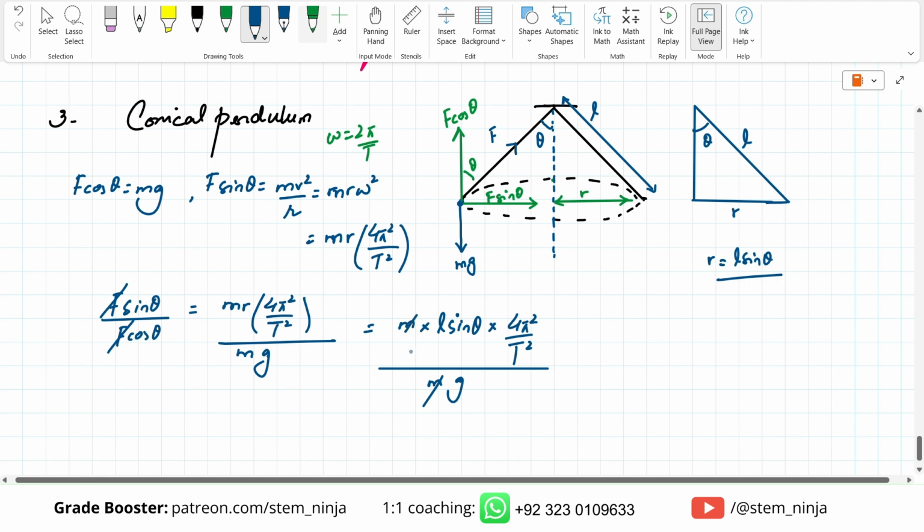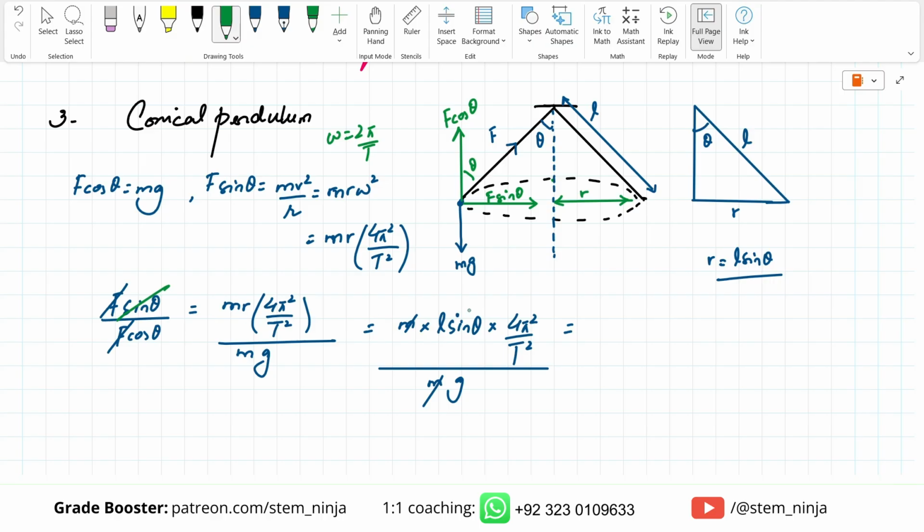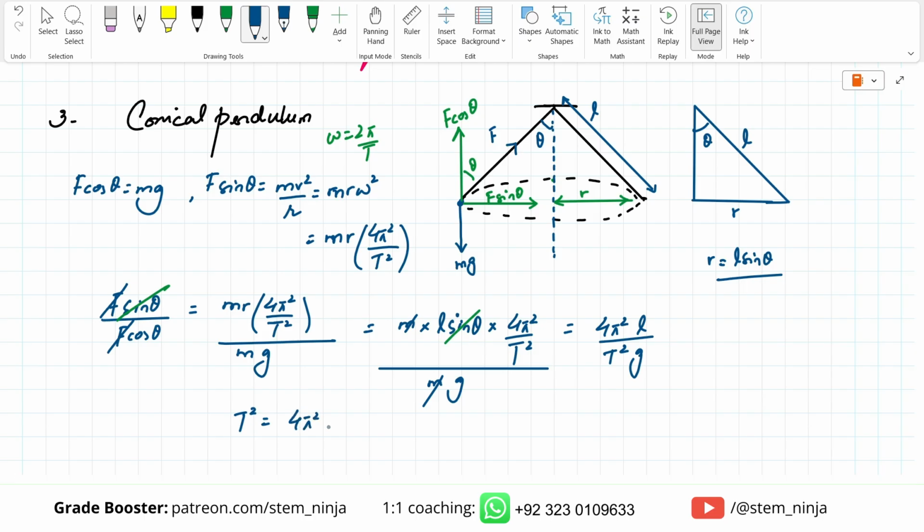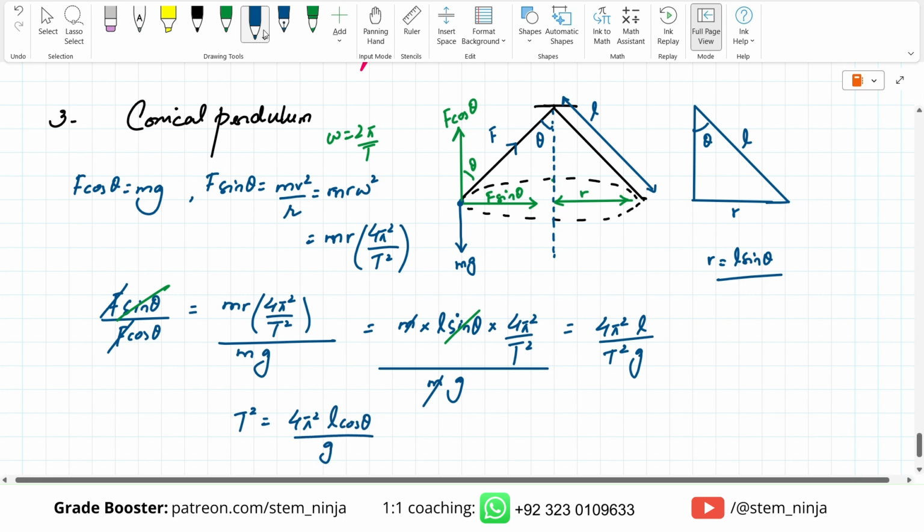We can cancel out the m and m, and now we can cancel out the sine and the sine. So now we can cross multiply. This would be 4 pi squared L over T squared g. Cross multiplying, this would get us T squared equals 4 pi squared L cos theta over g.